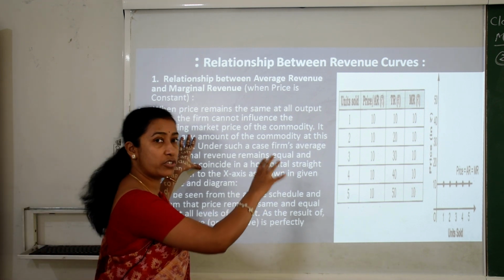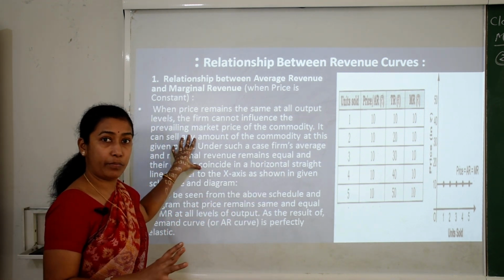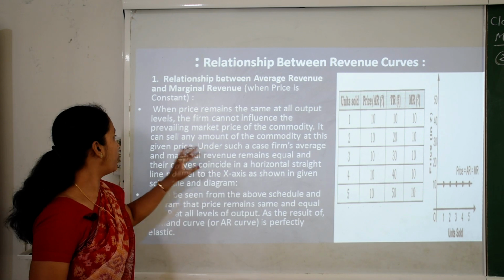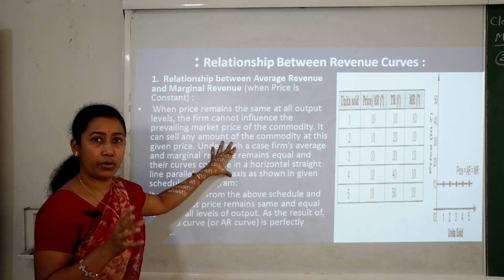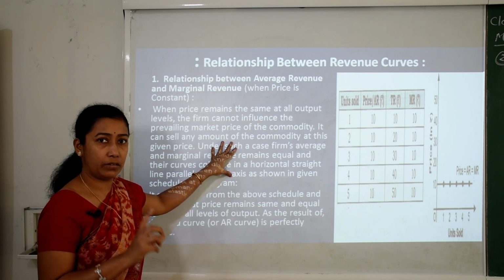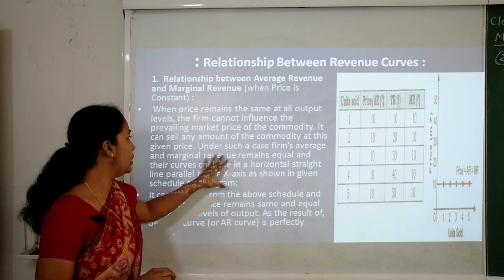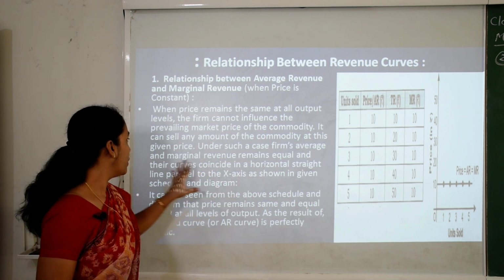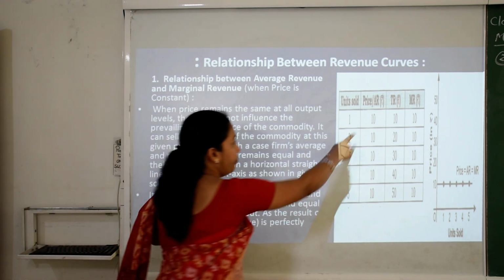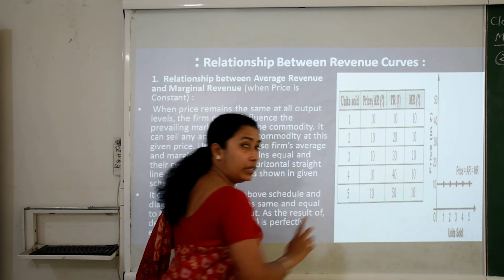That means the firm cannot change the prevailing market price to sell the product. So, it can sell any amount or any quantity of output, but the condition must be that the price must be the same, it should not change. Under such a condition, the firm's average revenue and marginal revenue will be the same.